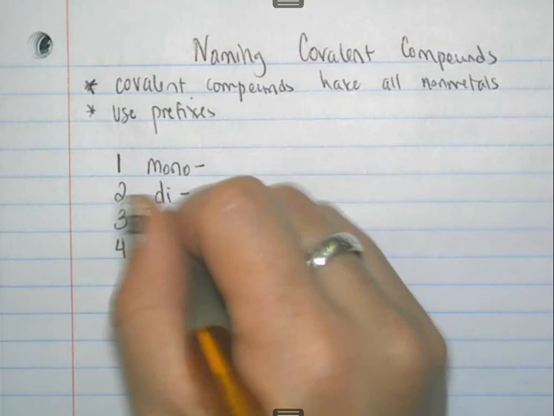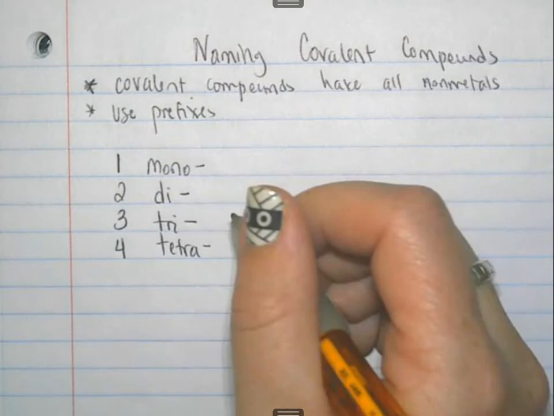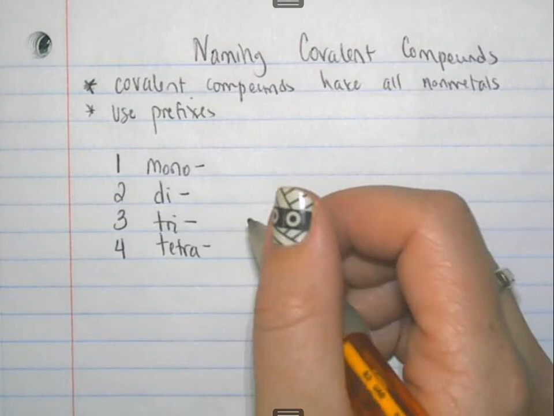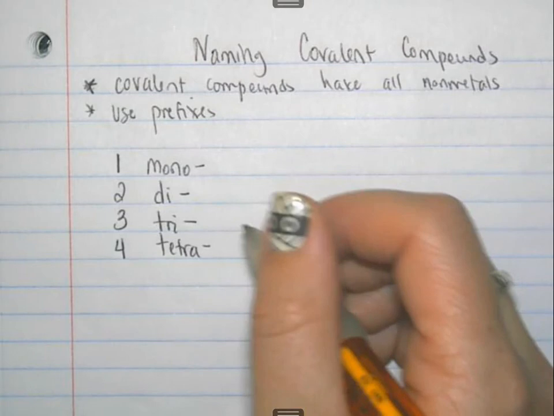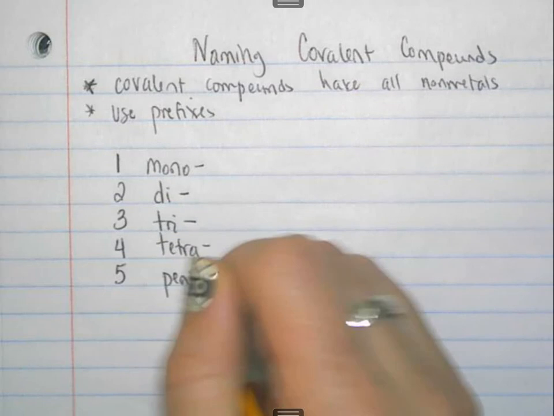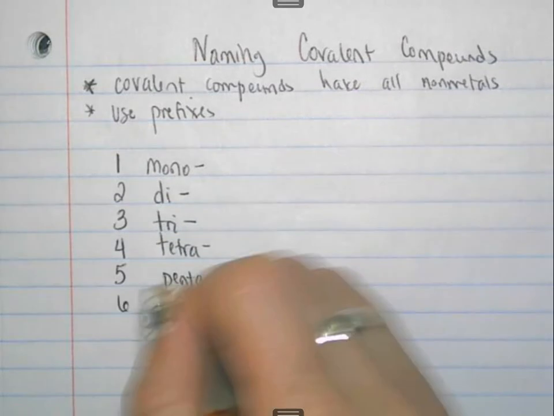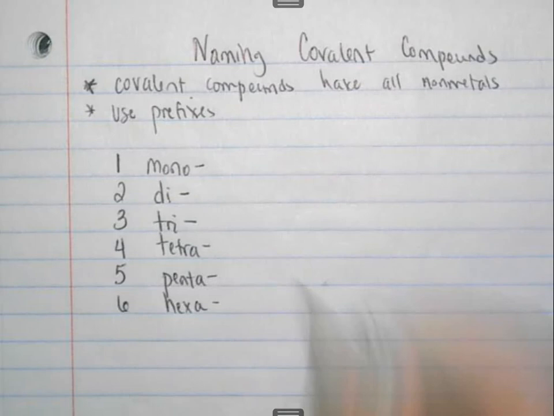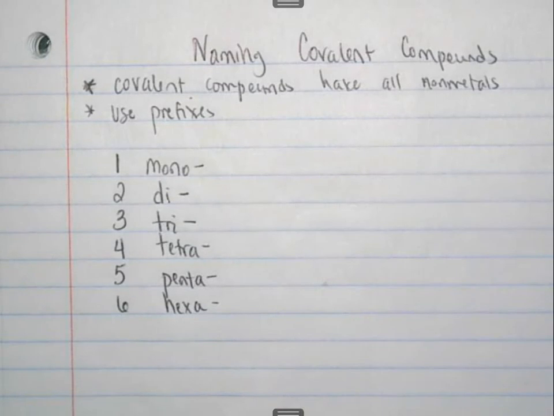I know that quad means 4, and you use quad in places, but not here. We have to use tetra. 5, penta. 6 is going to be hexa. You use the prefix hex in geometry, like a hexagon. You can use the prefix sex, like sextuplets, but not in here. We're going to use the hex part.